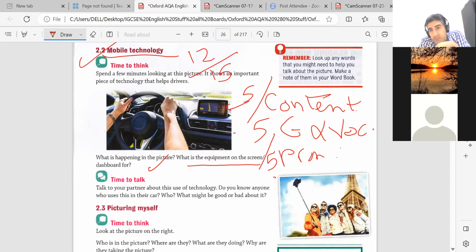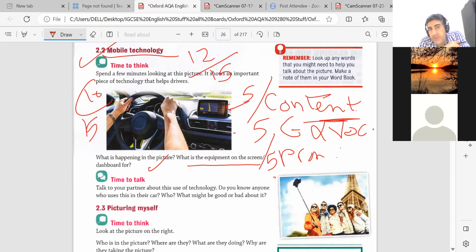For Muhammad, the second one, I give you 10 out of 15. What you need to improve is grammar and vocabulary. You should use more sophisticated and effective vocabulary and structures. And you also need to improve the content, Muhammad.